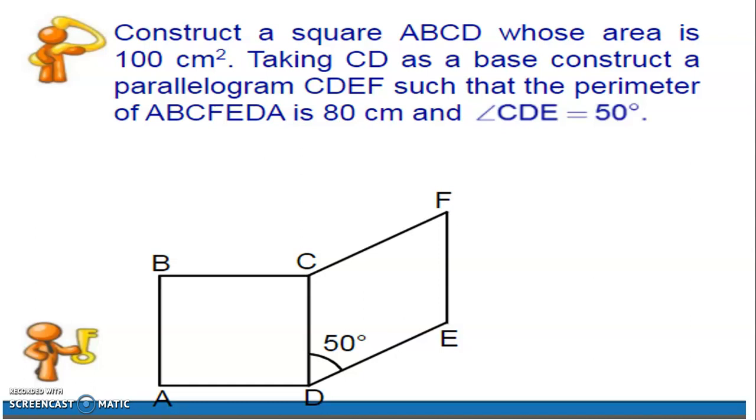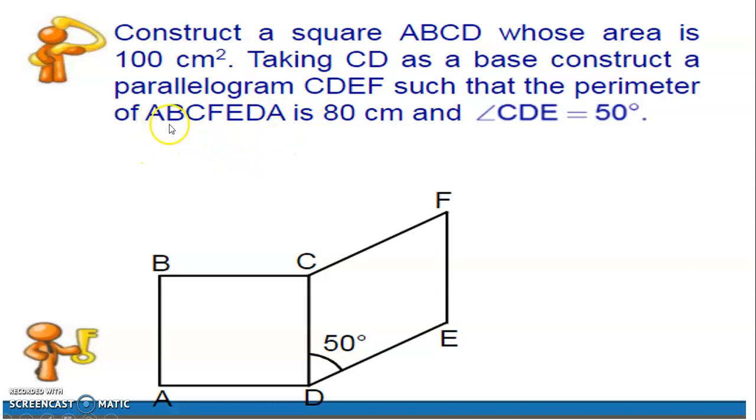And with that we are not going to stop. We are going to take CD as the base and construct a parallelogram. I have to extend this square with a parallelogram CDEF such that the perimeter of the figure is 80 centimeter. How many sides will it have?